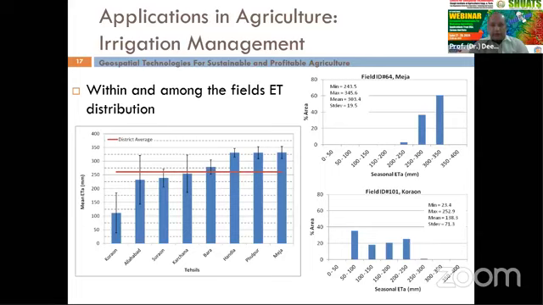and we can see that most of the irrigation is happening between 250 to 300 millimeters. And then as compared to another field, which is from Koraon subdivision, we can see that there is a lot of non-uniformity, and the irrigation is ranging as low as 50 millimeters and going as high as maybe 200, 250, probably around that part.